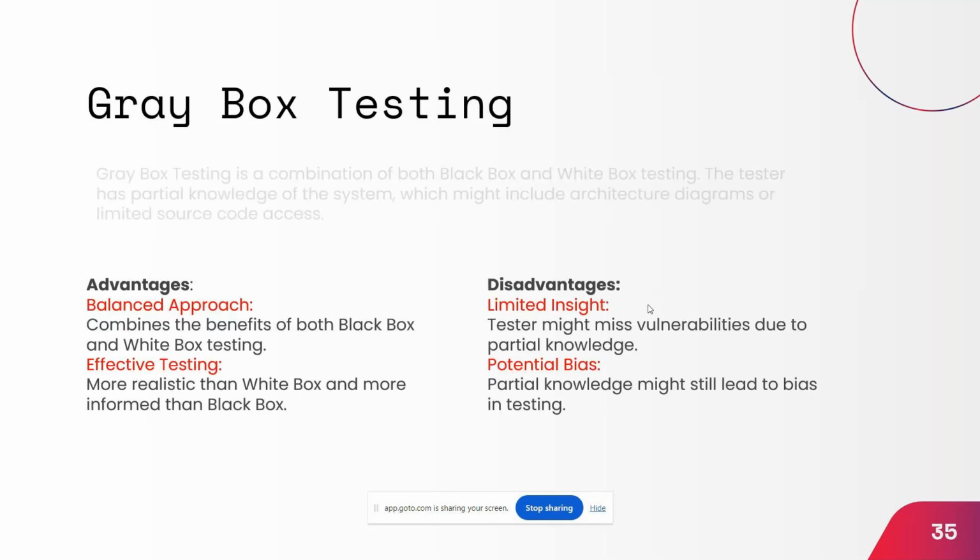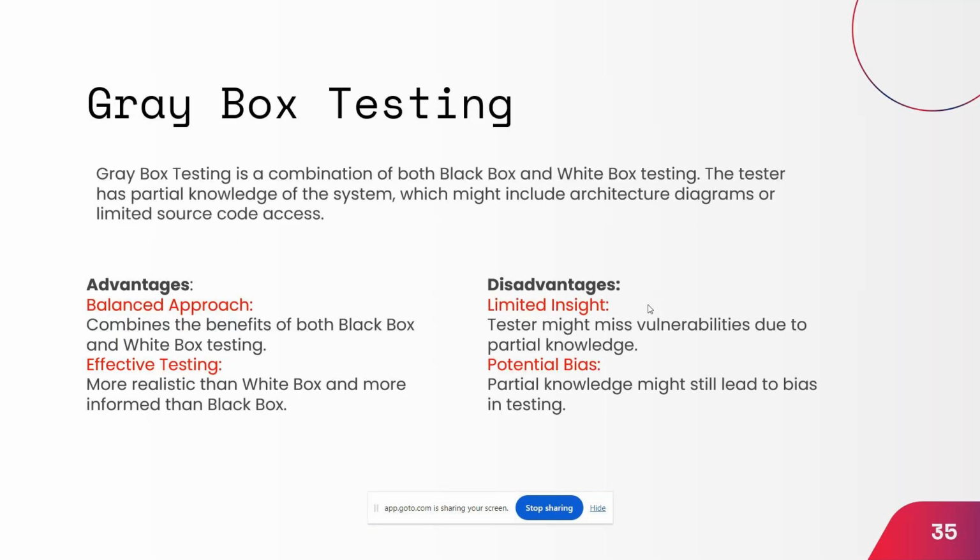Yeah. And then we have the gray box pen testing. Gray box testing is a combination of white box and black box pen testing. So here we will have partial knowledge about the systems and the applications, which might be like an architectural diagram or limited source code access, user roles, technologies, point of contact details.